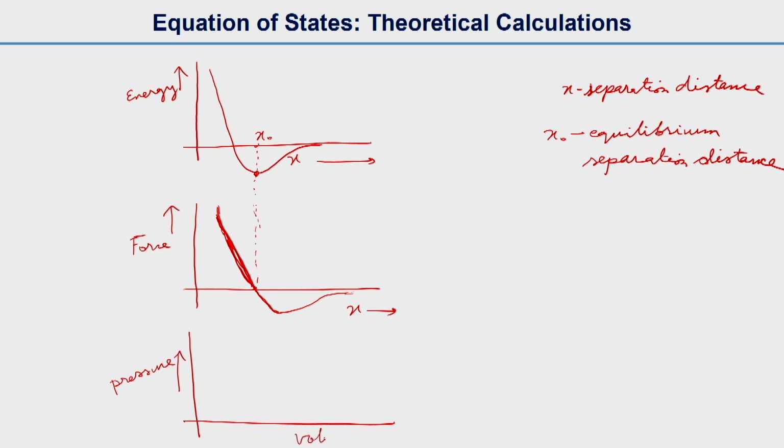Then from this force versus separation distance plot, we can get a pressure versus volume plot. It will look something like this. The slope is higher here and lower here, which means the slope increases with increasing pressure.